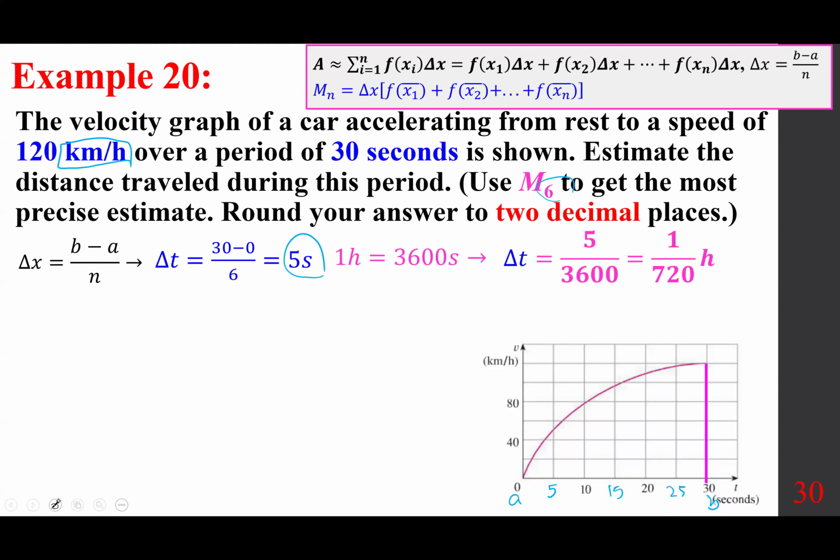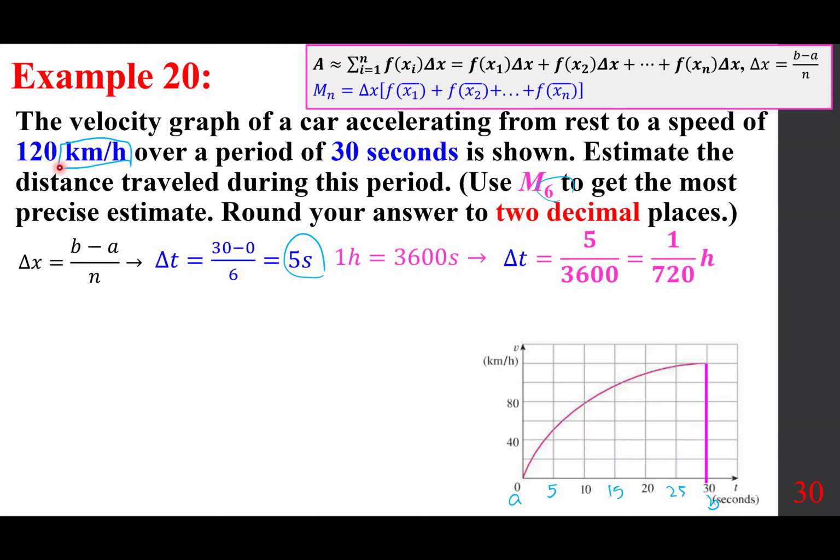The units of seconds change to the units of hours. Why are we using that? Because the speed is given as kilometers per hour. Or you can keep this unchanged and change the speed to meters per second. That's not what we want to do.